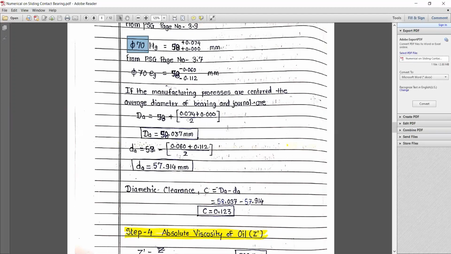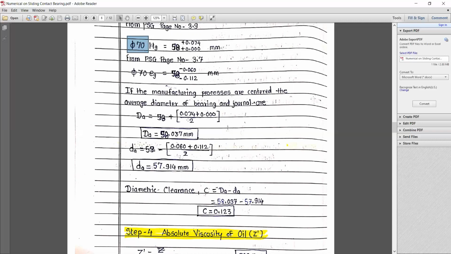So what we get? The diameter of the bearing is equal to 58.037 mm, and the diameter of the journal should be lesser than that. So here 58 minus 0.060 plus 0.112 divided by 2. So what we get? 57.914.